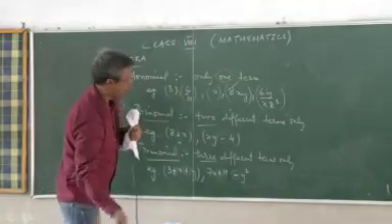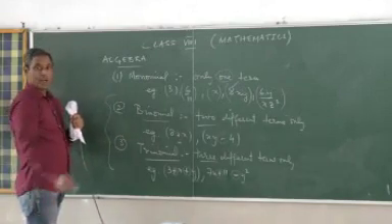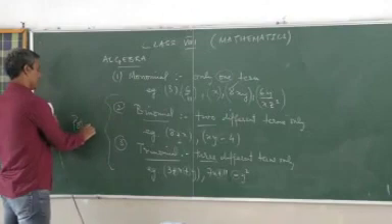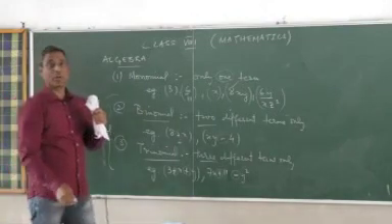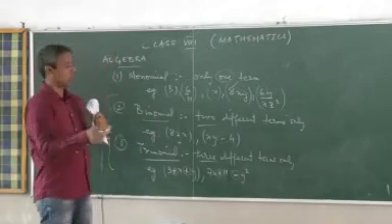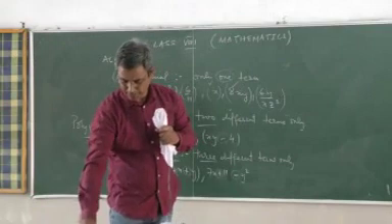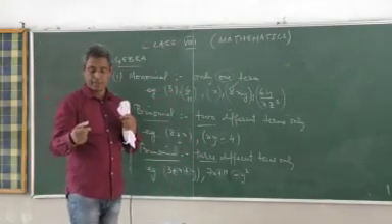Once you go further than monomial to binomial, trinomial, and further, you can call it polynomial. So anything having more than one term is called a polynomial. Is that clear to you?